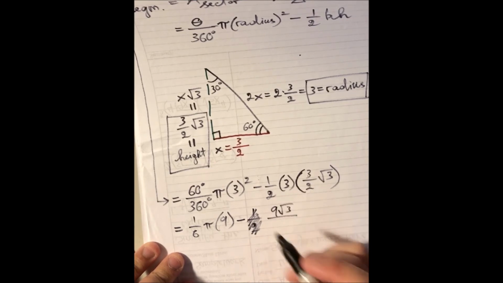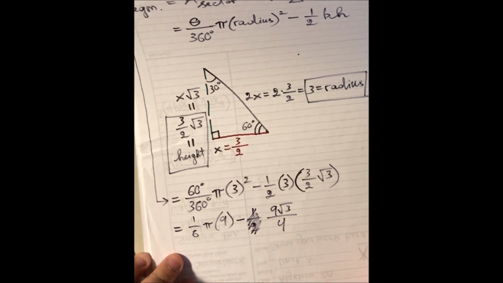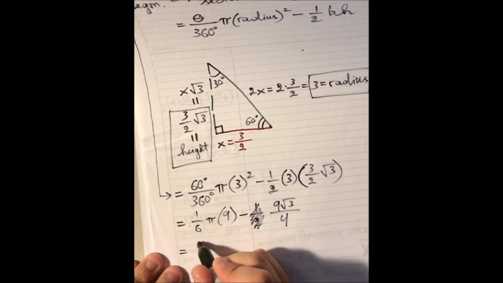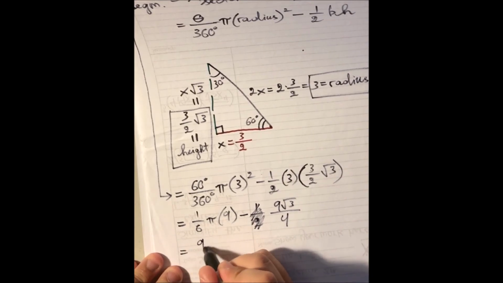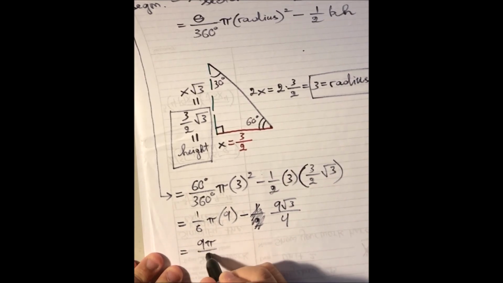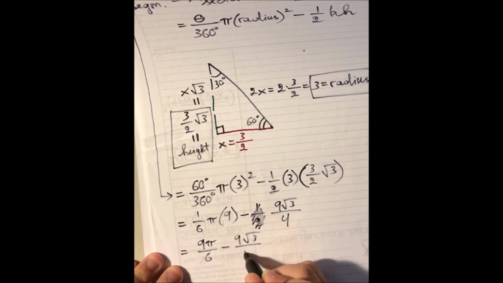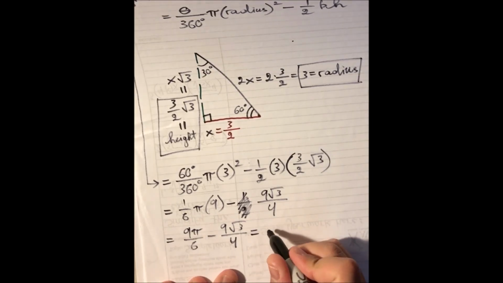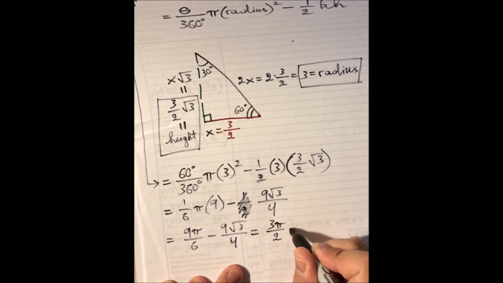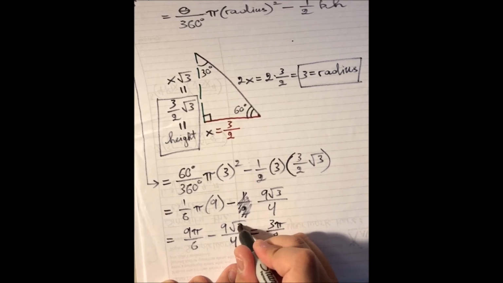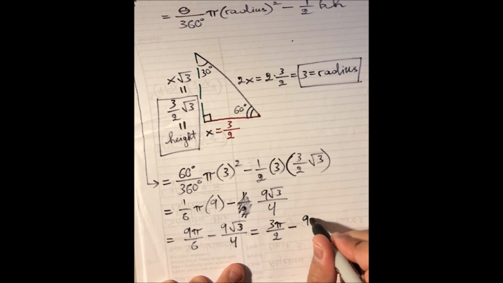The denominators multiplied together is going to give us 4. So this is 9 pi over 6 minus 9 times square root of 3 over 4. Well, let's simplify. 9 pi over 6 is going to be 3 pi over 2. And 9 times square root of 3 over 4 cannot be simplified, so we keep it the same.